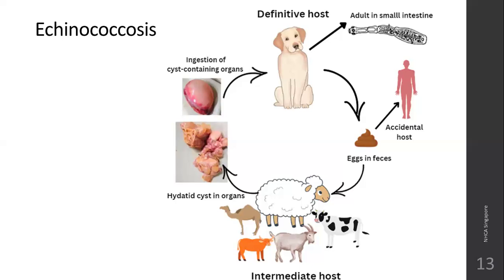Albendazole, praziquantel, mebendazole are all tried for several days. It can affect vegetarians as well, not just non-vegetarians, if they are dealing with dogs. So diagnosis, how do you diagnose cystic disorders?